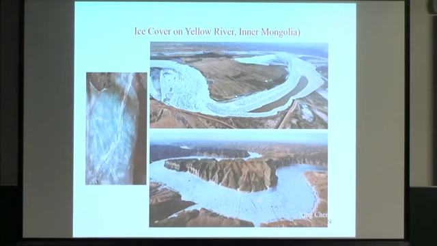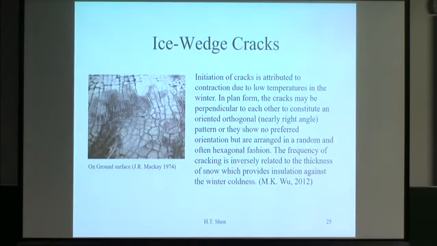You can see the ice cover, look at it, you have cracks in a rectangular, almost rectangular pattern. Very regular. And I have not seen this in other rivers in the US, Canada, or Europe. Okay, so I said, why is that?